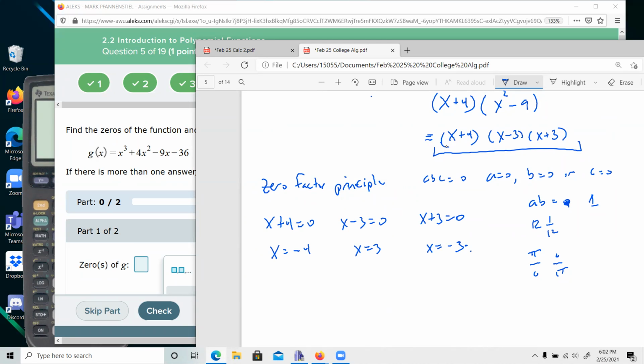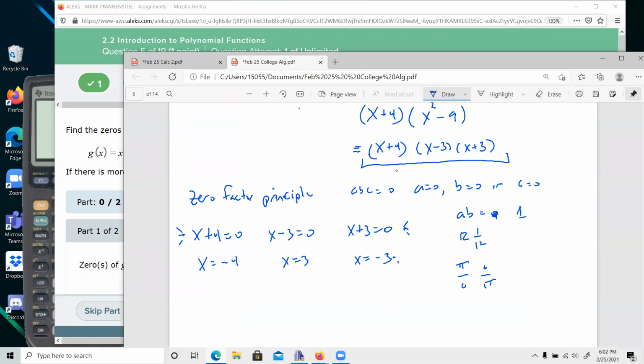I will tell you that I really like to see this zero factor principle step, because in the future, they're not going to be this easy. You're going to have to do a little mini problem in here. But for now, if you jump from this step to that step, there's no explanation, I'll know what happened.